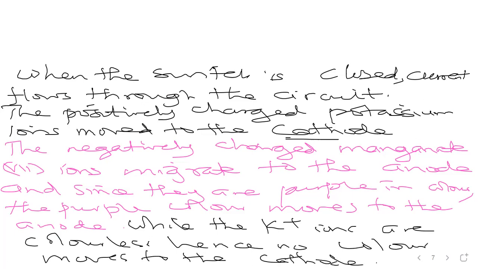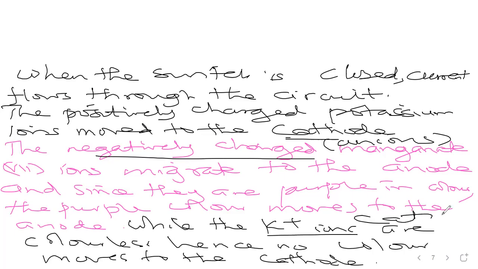So this experiment shows what happens during electrolysis. It emphasizes that negatively charged ions, which we call the anions, migrate to the anode, whereas the positively charged ions, which we call the cations, migrate to the cathode during electrolysis.